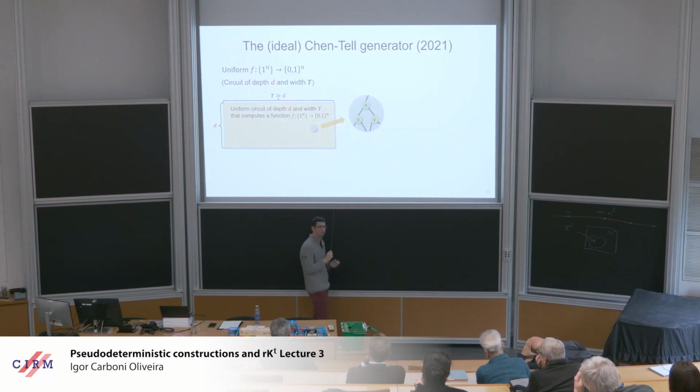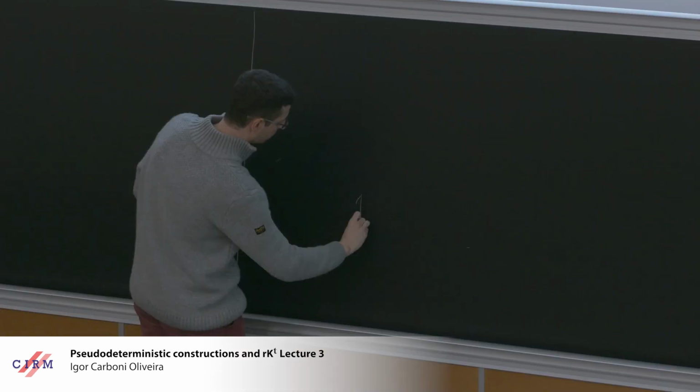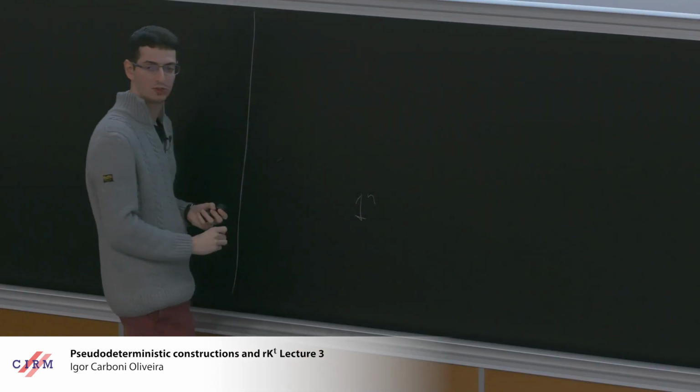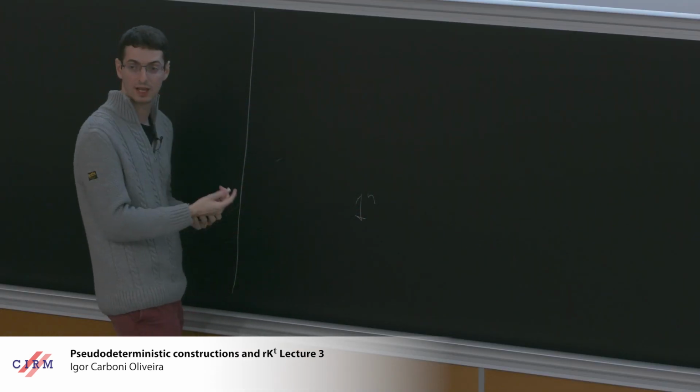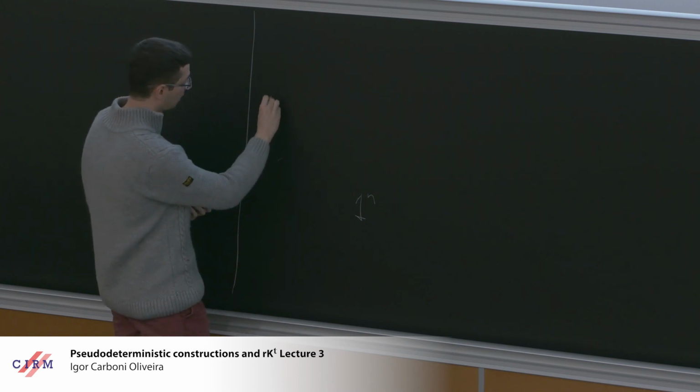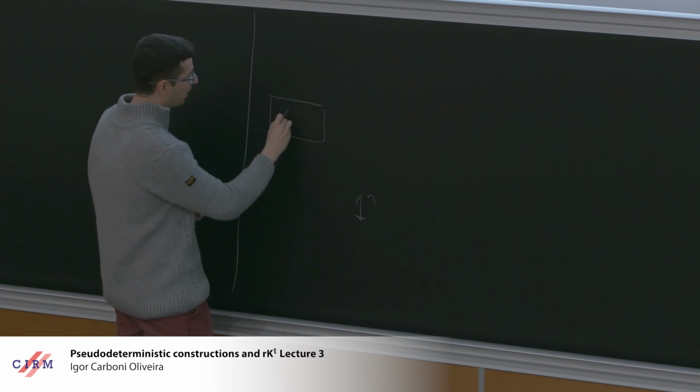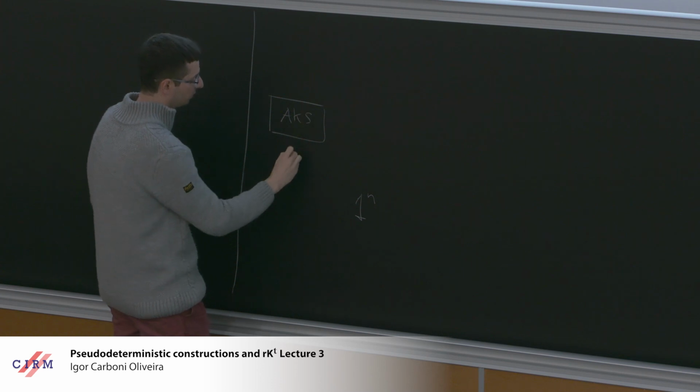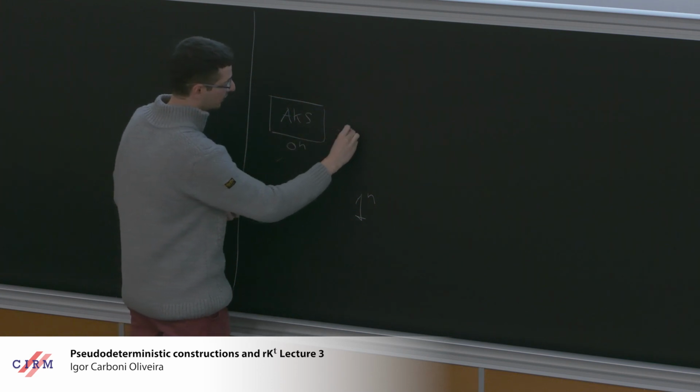So consider the circuit that tries to output the lexicographic first n-bit prime. So how can we implement this? Okay, so we have this 1 to the n, that's the input to the circuit, and we want to find the lexicographic first n-bit prime. So we can run in parallel the AKS algorithm on all n-bit strings.